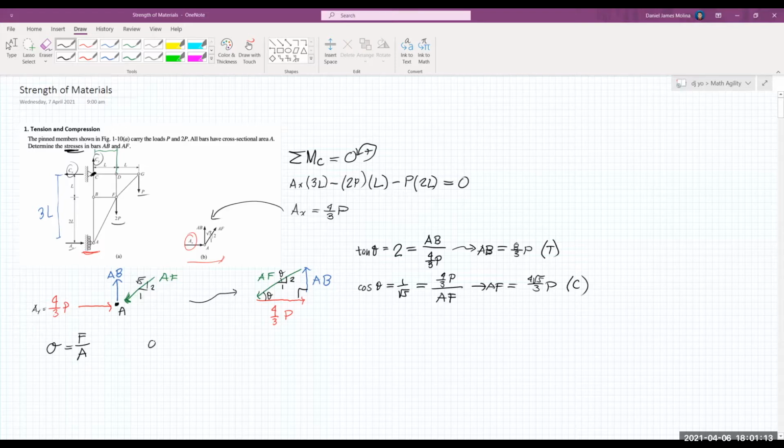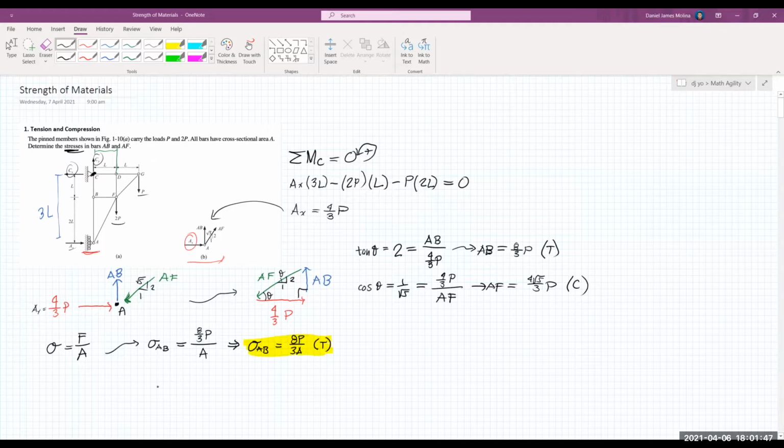Okay, so for the stress at AB, we have the force on bar AB, that is 8/3 of P, all over the cross-sectional area of the bar, which is given as A. So therefore, the stress at bar AB is equal to 8P over 3A, and it should be in tension. And that is our answer for the stress at bar AB.